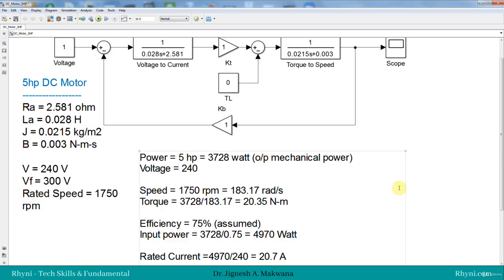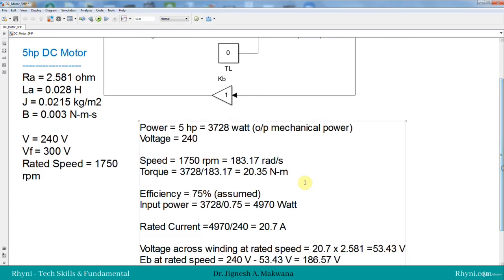Now we have the input power and the input voltage, so we can find the input current. Because the motor is continuously running at rated speed, inductance will not come into the picture. So it is constant. The rated current is the input power divided by the voltage. So 4970 divided by 240 is equal to 20.7 ampere.